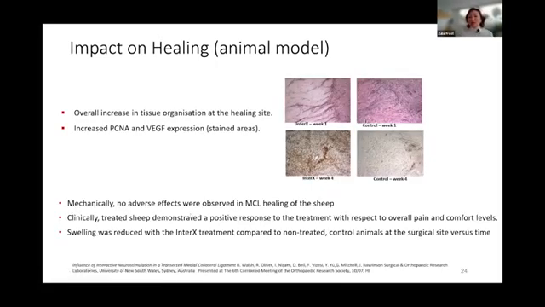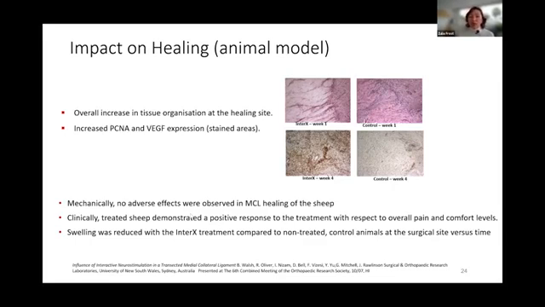This study has been done in Australia by Bill Walsh, and this study actually wanted to show that the healing of the tissue at the tissue level was optimized when you use the InterX device.